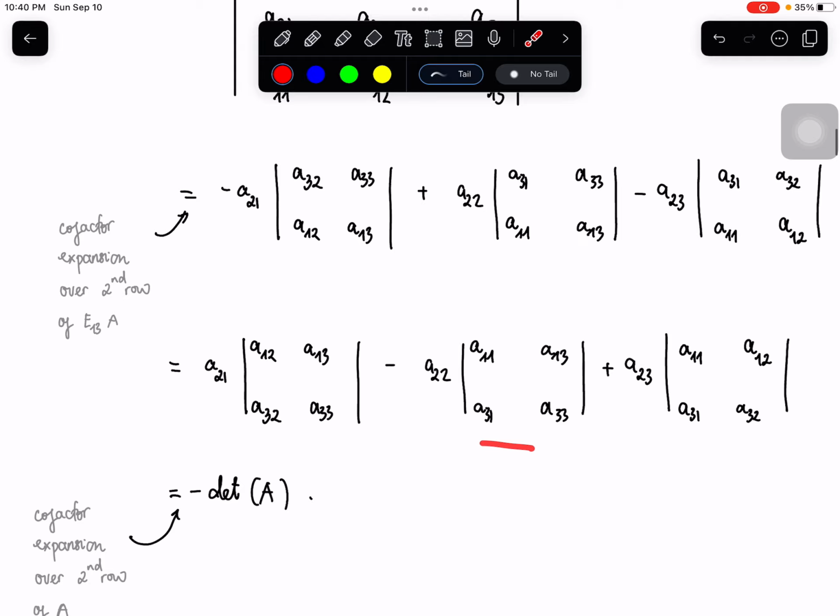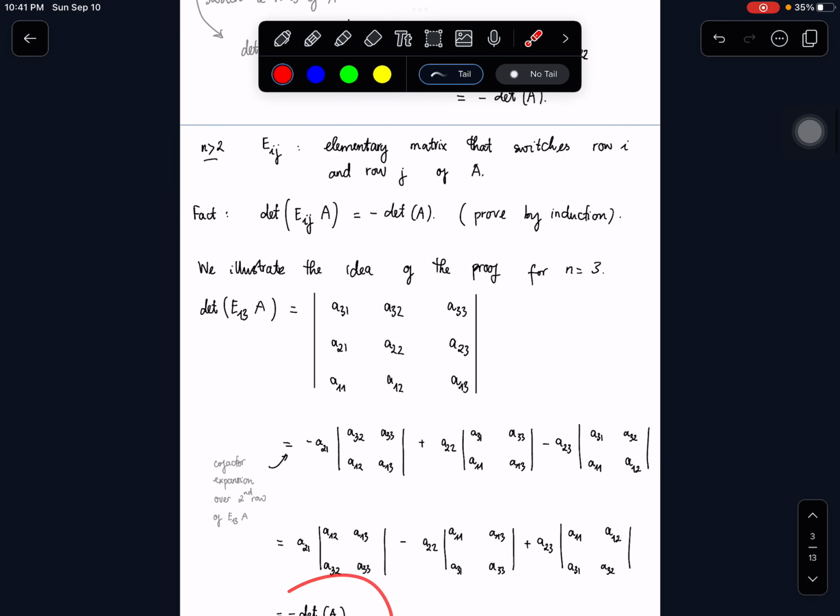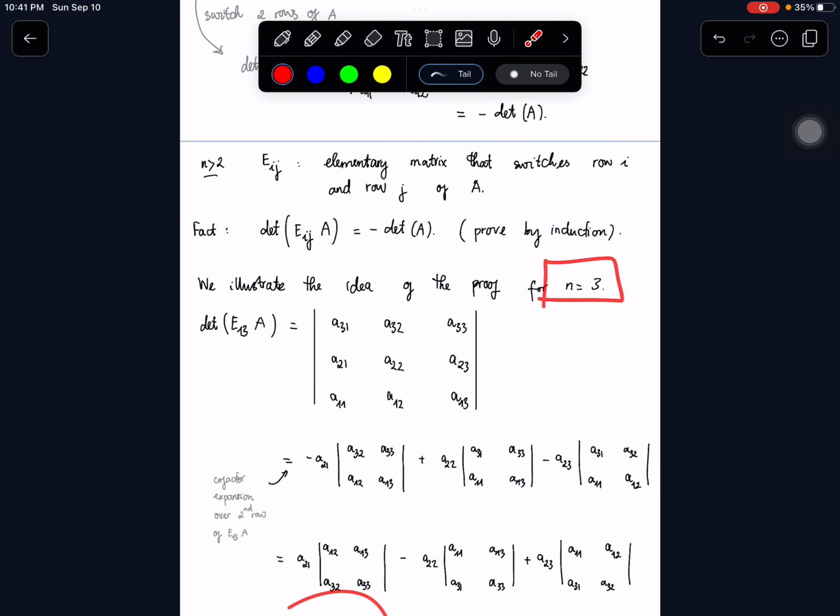So we have the determinant of E13 A equal to minus the determinant of A. So if we exchange two rows for 3 by 3 matrices, then the determinant changes the sign. And that is the idea when we do it for n equal to 3.